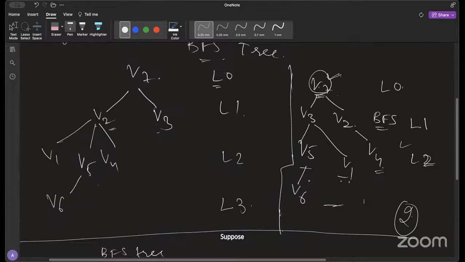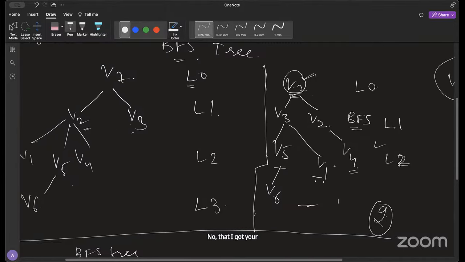Suppose I can go to V2 or V3 or V4. Suppose I am choosing V3, maybe V4. Does the number of vertices on a level depend upon these choices, or by any path I will get the same set of vertices on one level? I got your question. These vertices will remain on level 2 only.